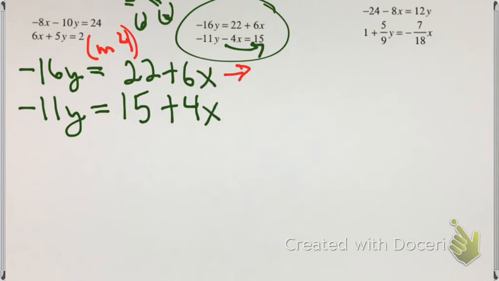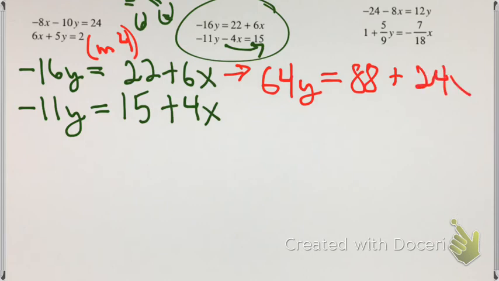It doesn't hurt to punch a few numbers here. I'm going to get 64y equals, and then I'm going to go 4 times 22. Well, 4 times 22, 88, equals 88 plus 6 times 4 is 24x.